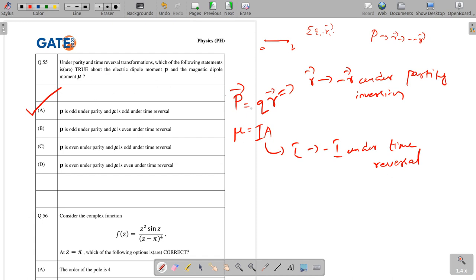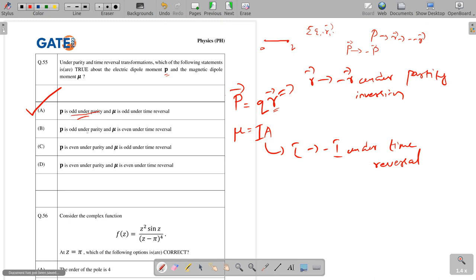So since it contains R, if you act parity on the electric dipole moment, vector P, it will go to minus P, due to the fact that it contains a position vector. So this kind of operators are called odd operators. These are odd under parity operation.